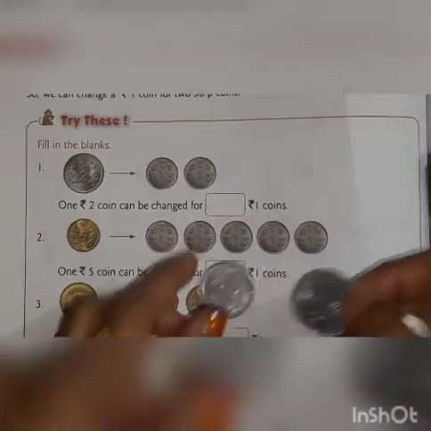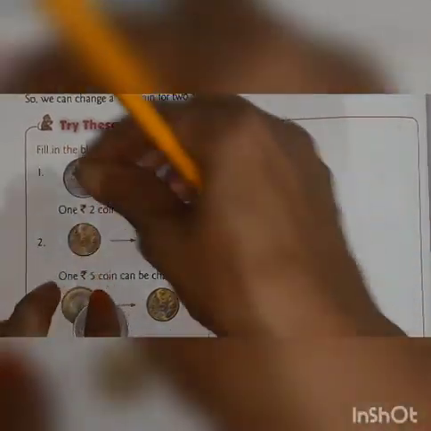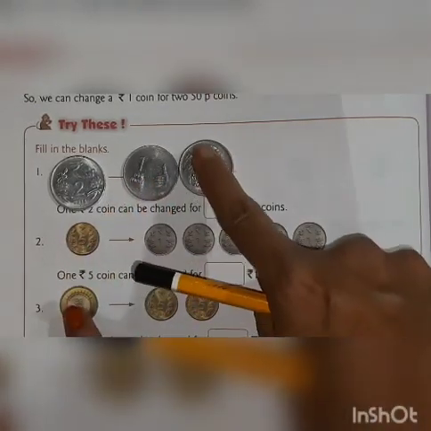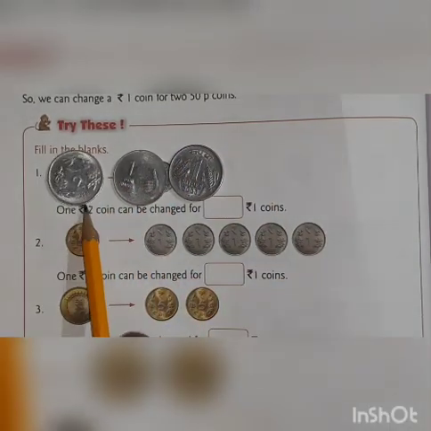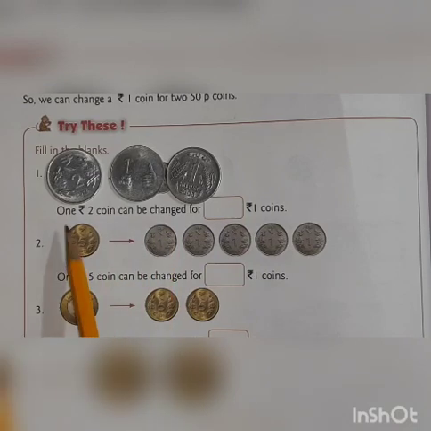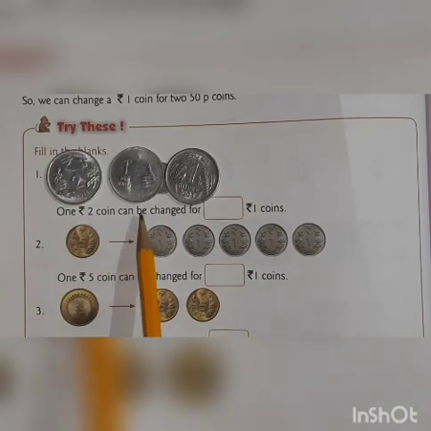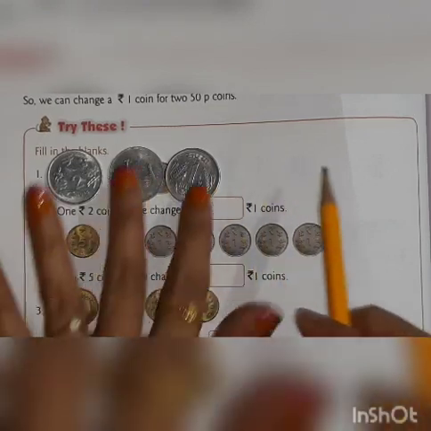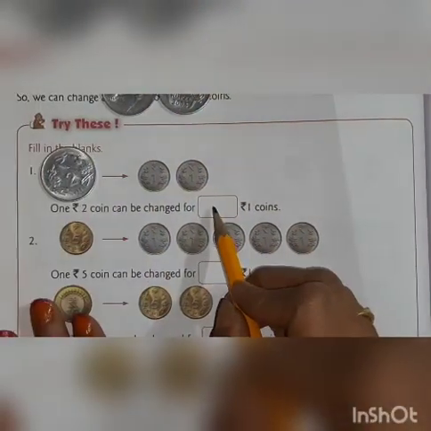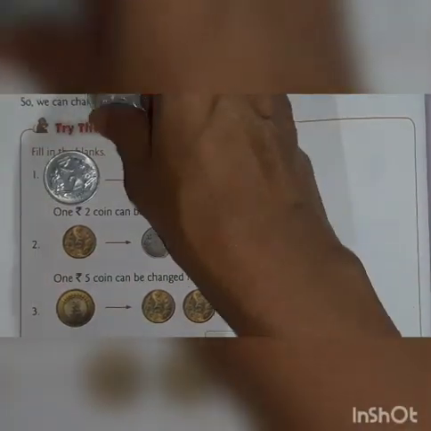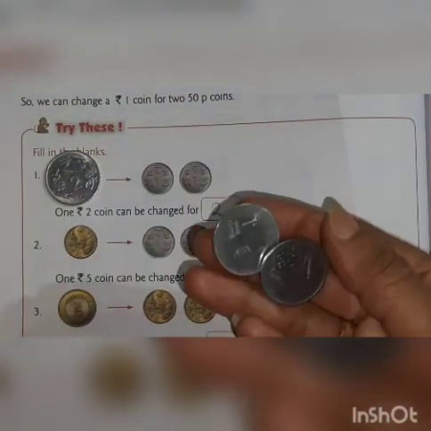So here you can see this is 2 rupees and this is 1 coin of 1 rupee and another 1 coin of 1 rupee. So 1 coin of 2 rupees can be changed for 2 coins of 1 rupee.